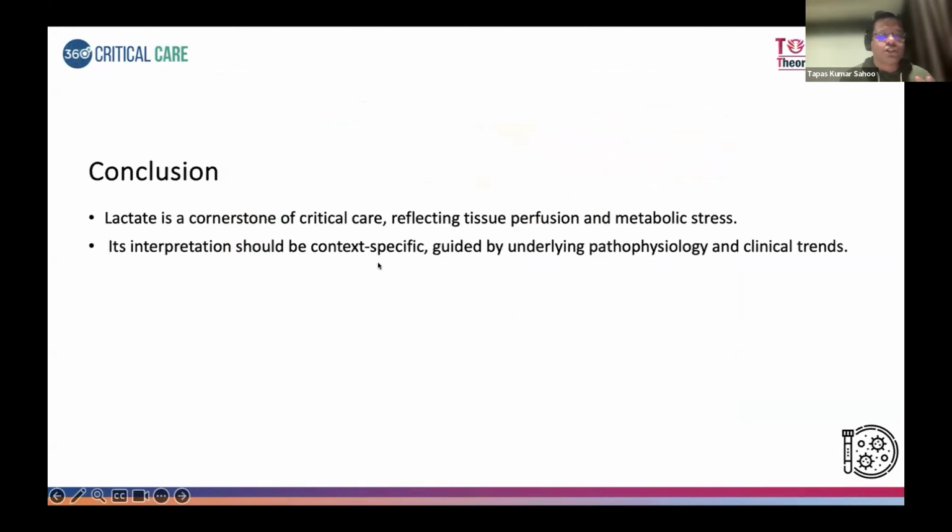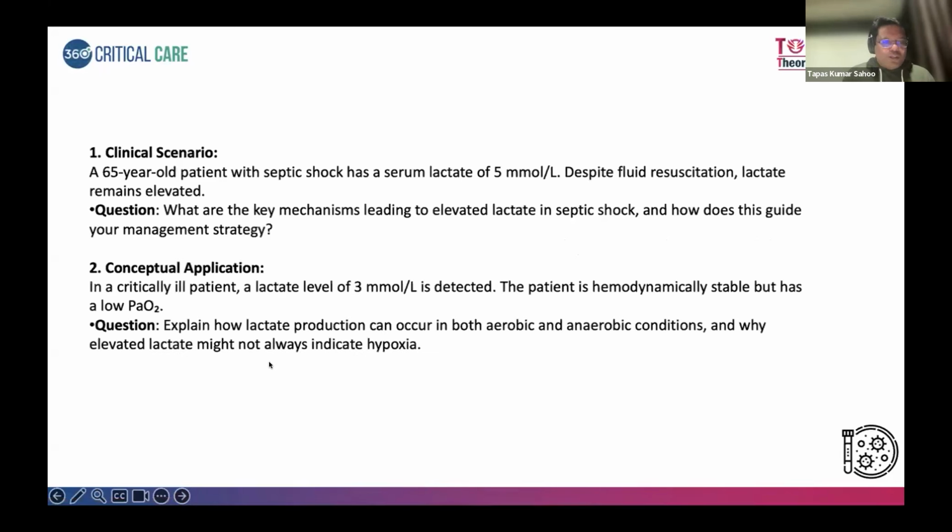So, lactate is a cornerstone of critical care, reflecting tissue perfusion and metabolic stress, and its interpretation should be context specific, guided by underlying pathophysiology and clinical trends. I'm not going into detail again, but I have kept questions at the end of each, like a clinical scenario.